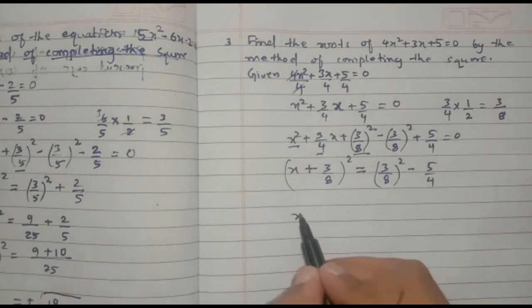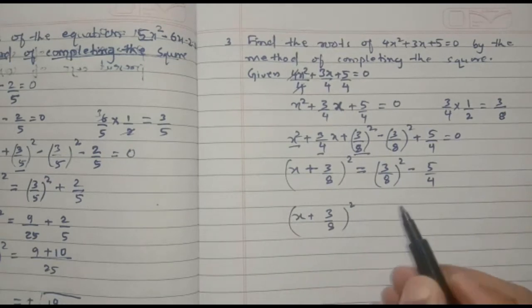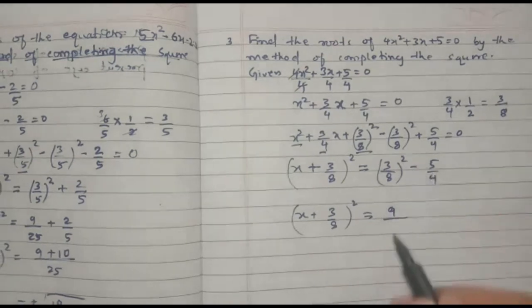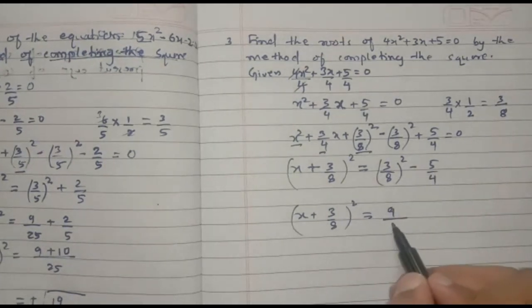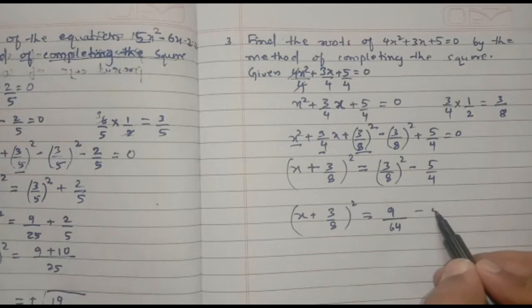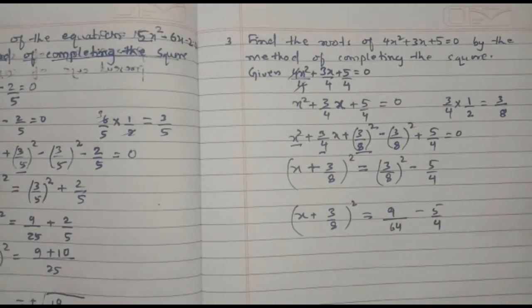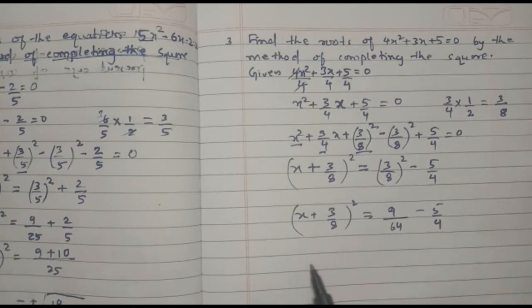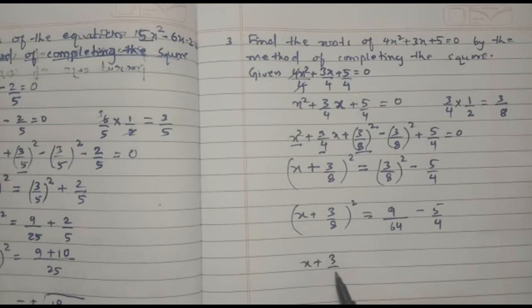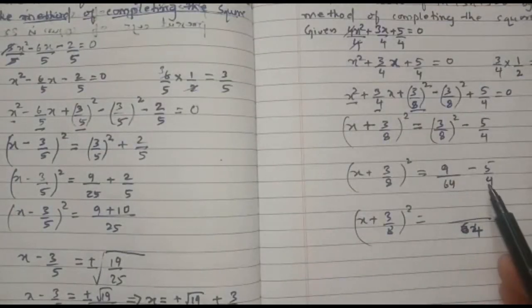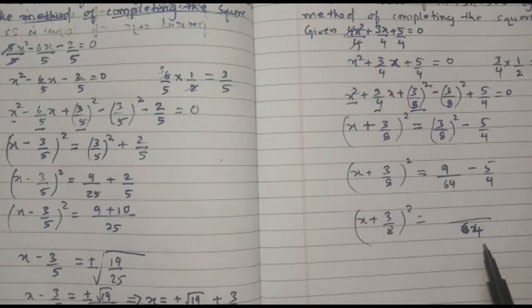Now x plus 3 by 8 whole square is equal to, 3 square is 9 divided by 8 square is 64, minus 5 divided by 4. Now we have to take the LCM of 64 and 4. LCM of 64 and 4 is 64, students.